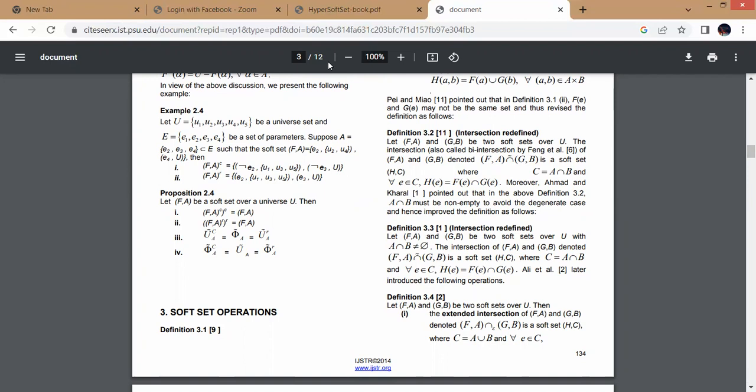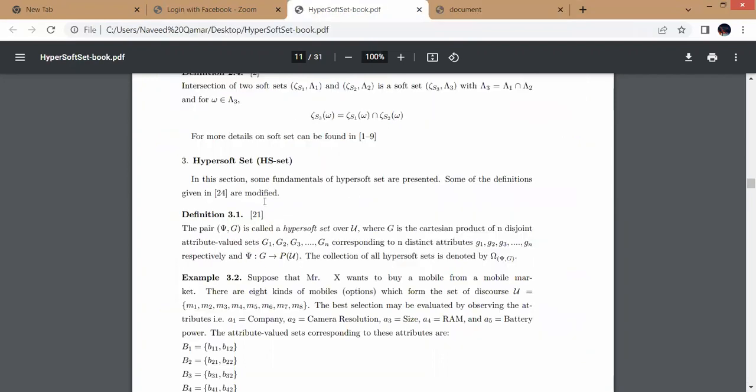After that, the next definition is hypersoft set. We had discussed this definition of hypersoft set in our previous lecture in great detail.